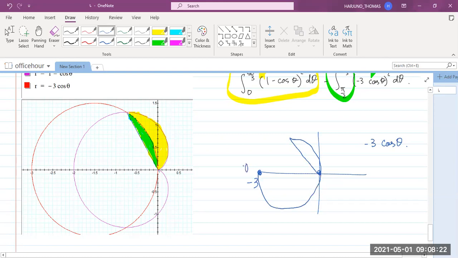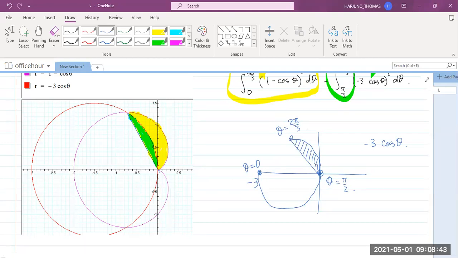This is when theta equals 0. This is when theta equals pi over 2. And this is when theta equals 2 pi over 3. So the green one is actually from pi over 2 to 2 pi over 3 of that circle.